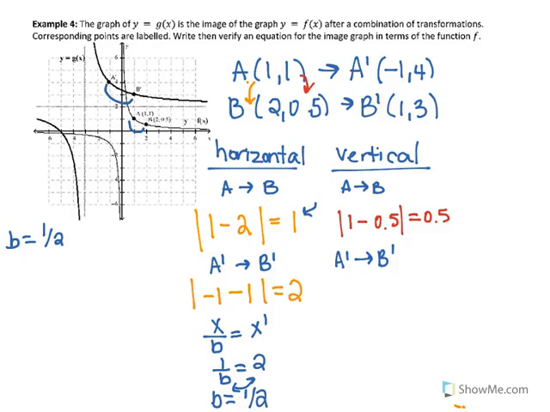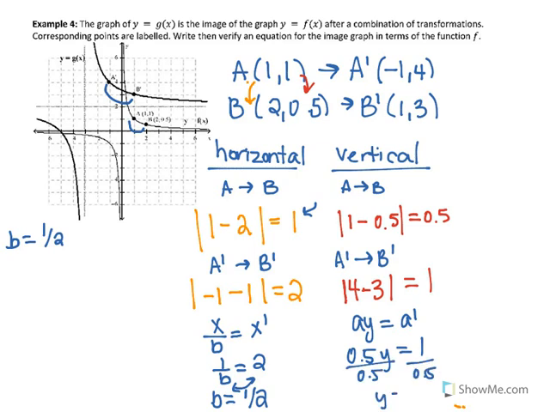In our transformed graph, it goes from 4 to 3, which is 1. So this one also has doubled. If you think about it like that, it's doubled. So if I go a times y and it becomes a prime, it was originally 1/2 and it became 1. Divide by 0.5 and a is 2.